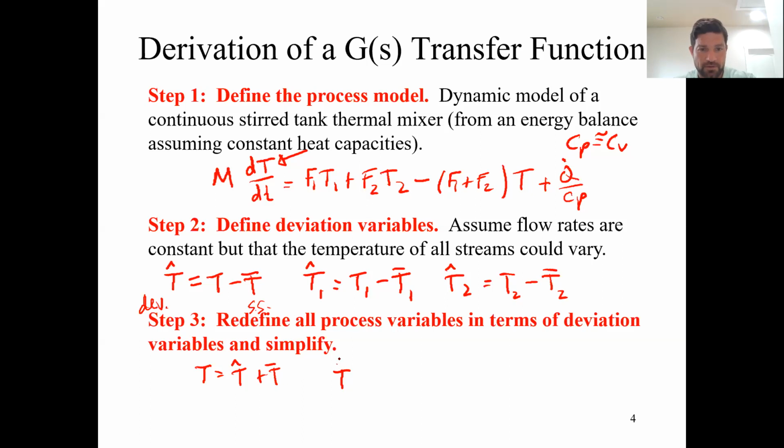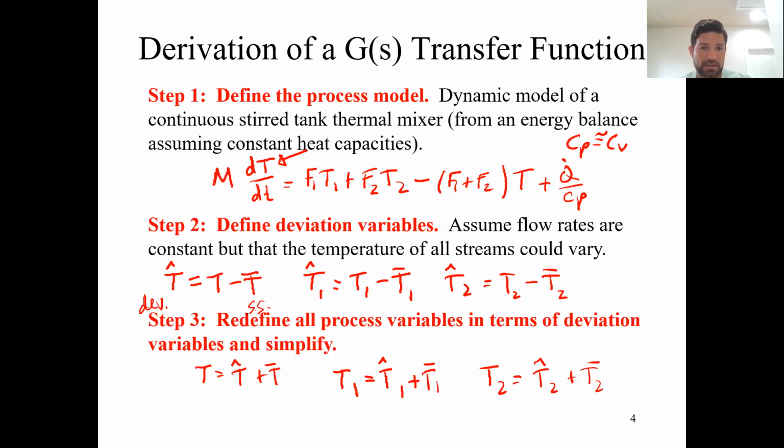So, okay, now we define everything in terms of deviation variables. So T1 equals T1 hat plus T1 bar, and then T2 equals T2 hat plus T2 bar.